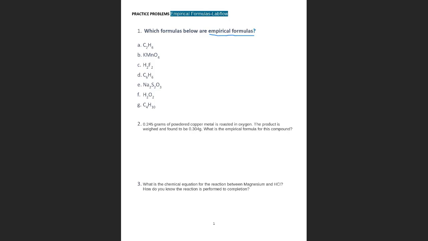So let's say I have this formula, and I will ask you, is this an empirical formula? Well, this is the molecular formula. This is the formula of benzene. This is how one molecule of benzene looks. But the empirical formula is not the molecular formula.